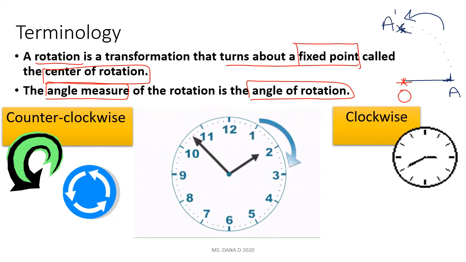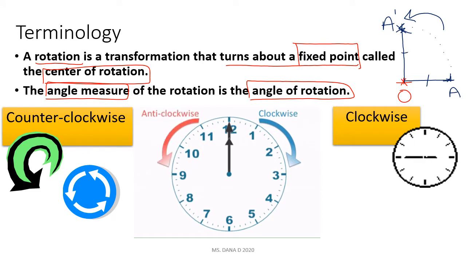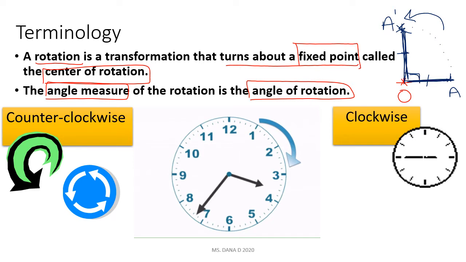Now the distance OA will be equal to OA prime. These are two important points: when I have rotation, I have the same distance and I have the angle of rotation, which is an angle of 90 degrees.